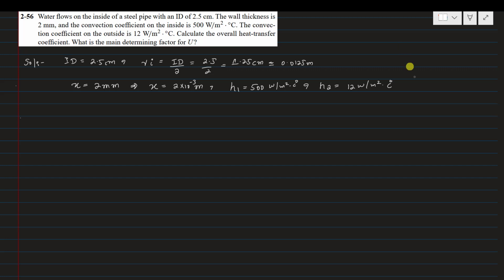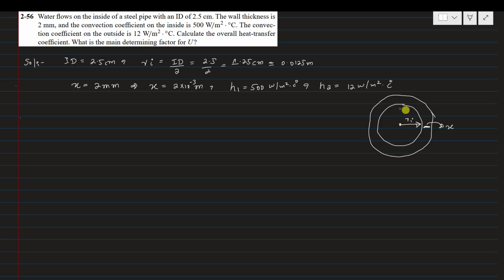Okay, so let's say this is the pipe, and its inner radius is Ri. Then this is the wall of the pipe. Let's say this is x, which shows the thickness of the pipe wall.